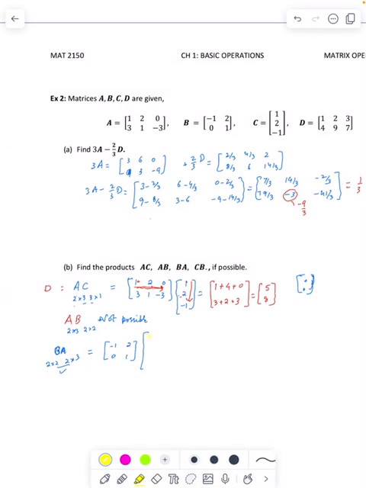So A is 1, 2 0 3 1 negative 3. It's always good to put an arrow going horizontally on the first matrix, the left matrix, and a vertical one going down on the second, just to remember that this is the way we are doing it.